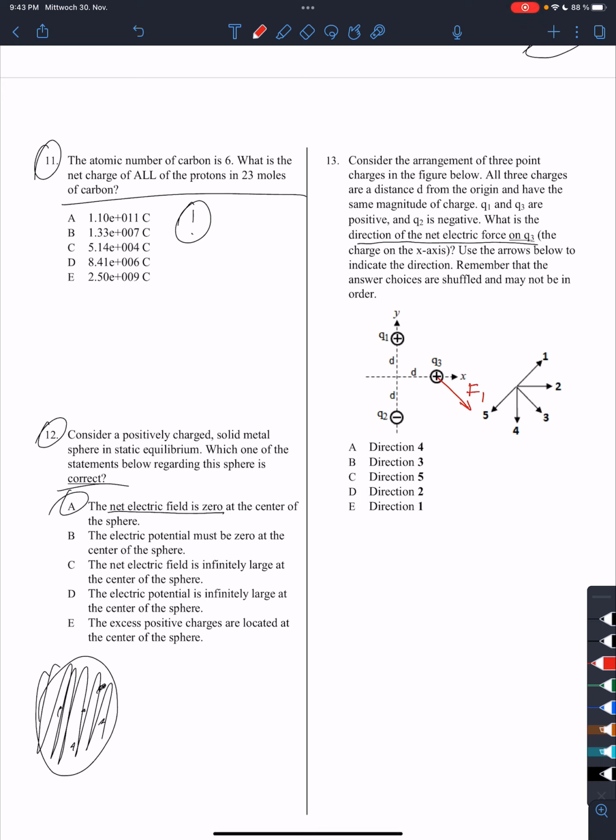But for F2, the charge Q2 has a negative charge, so the opposite: charge Q3 is attracted to the charge Q2. Now I can find a vectorial sum of these, so it will be something like that. This will be F net. These are all vectors here. F net, and its direction will be 4. Direction 4 corresponds to the answer A.